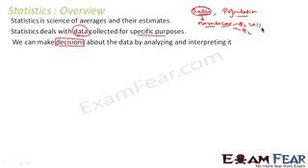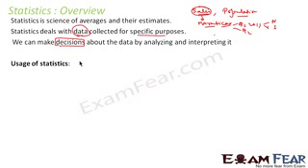If you break it further based on different regions, north, south, east, the data is huge. The person who takes decisions won't be able to understand the data if it is given in crude form. That's why we take help of statistics to analyze and interpret the data and come up with some numbers, and the person who is taking the decision just needs to see those numbers and take a decision.